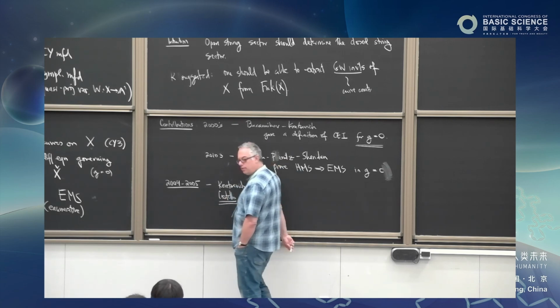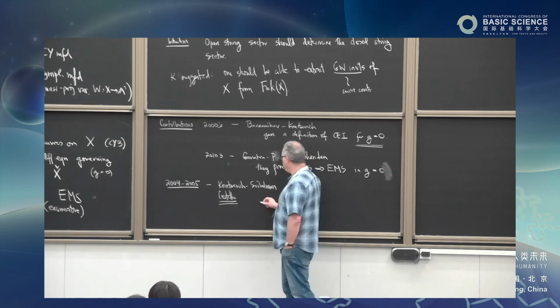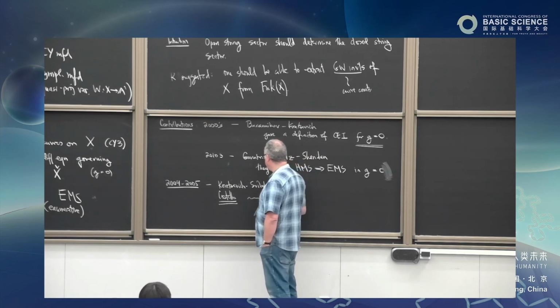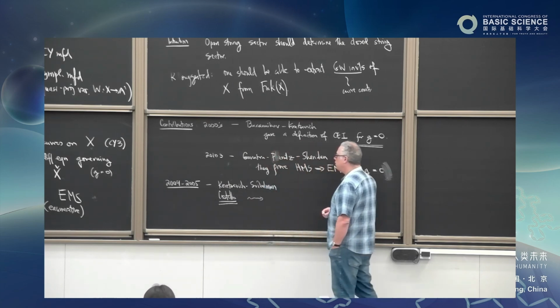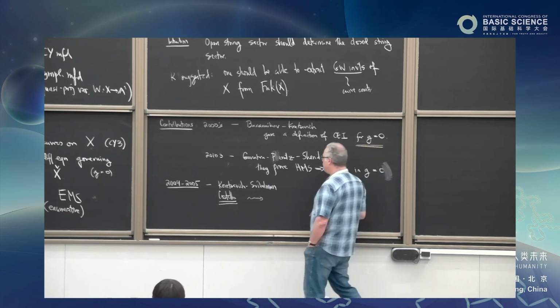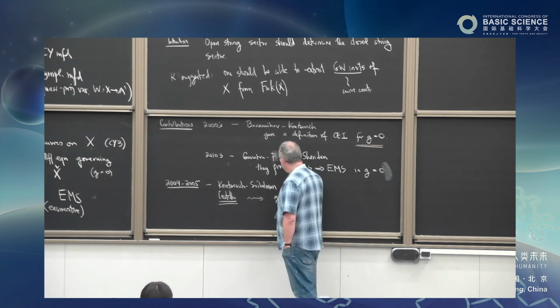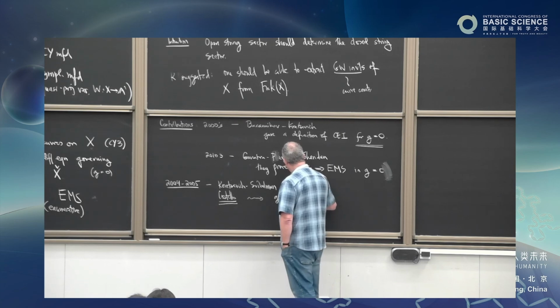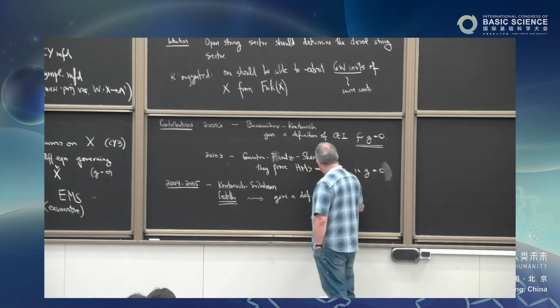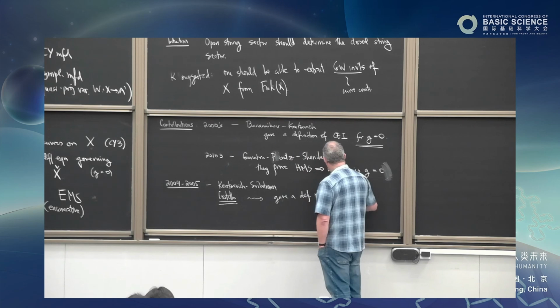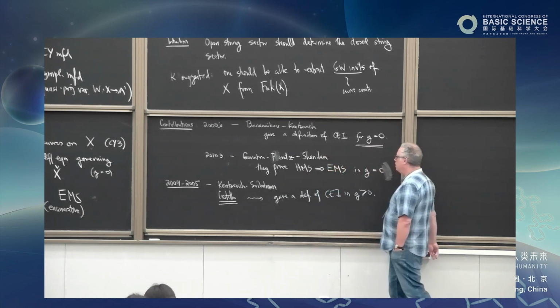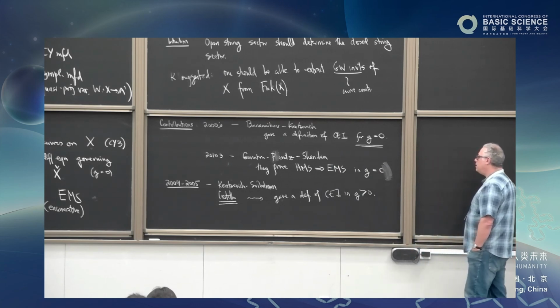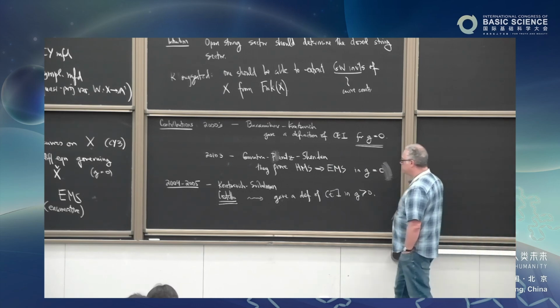Using the works of Kontsevich and Soibelman from before, the main result was he gave a definition of CEI in arbitrary genus. However, his definition is completely non-constructive.